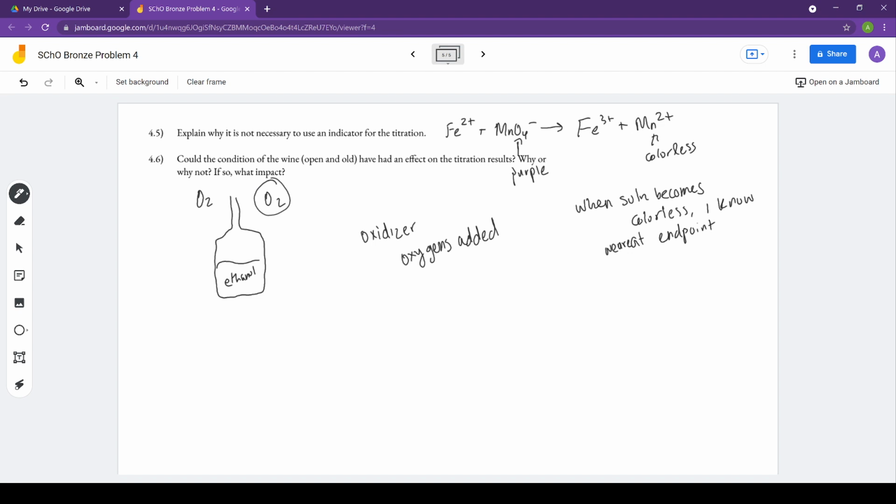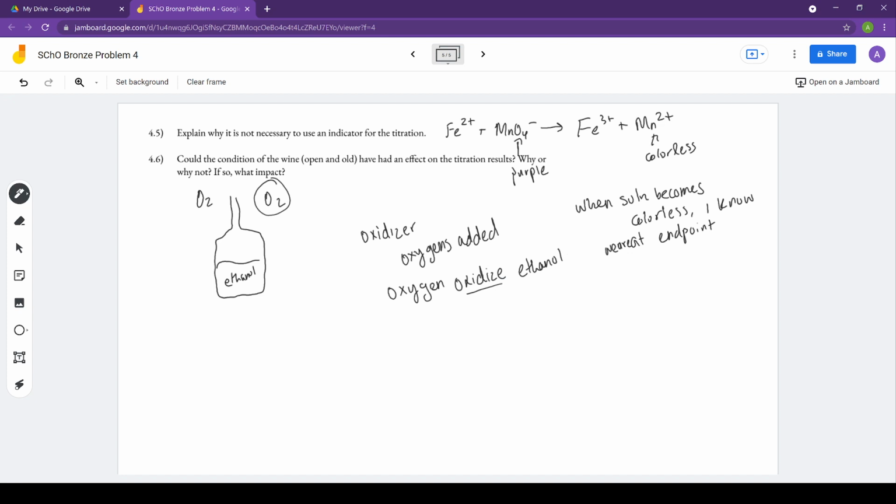Because oxygen is really electronegative, it really likes to hog electrons. So it likes to be reduced, it likes to gain electrons, and in that process, it's going to accept electrons from something else and oxidize something else. So basically, if oxygen in the air gets in the ethanol, oxygen can oxidize the ethanol.